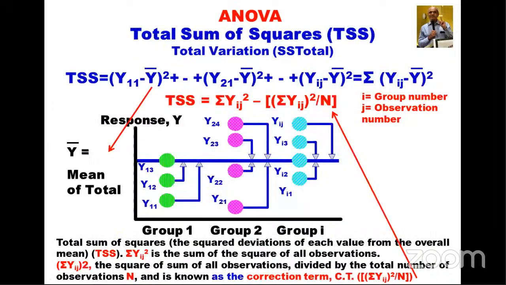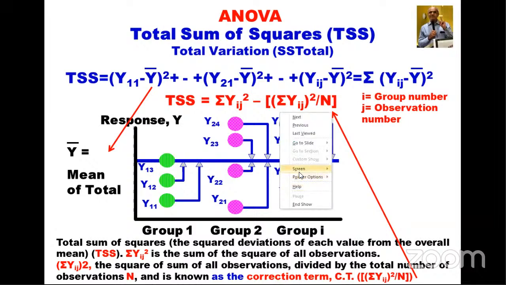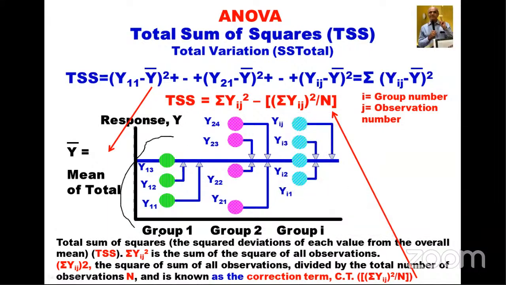So let's understand. Again, this is also an important slide. I try to present it in a graphical way, in a figurative way, so anyone can understand. Now we have data. This is our first group, this is our second group, and this is our nth group.